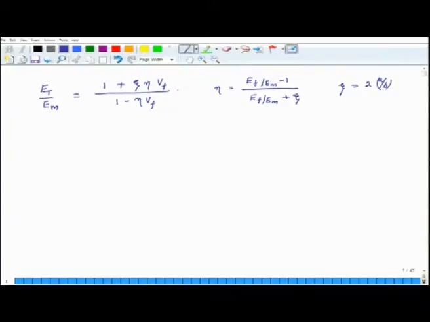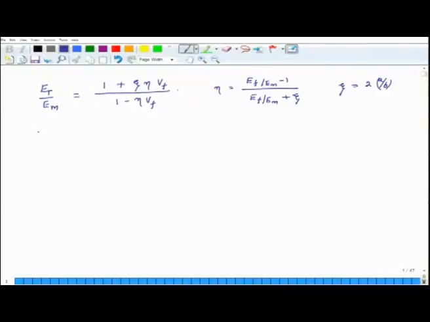I wanted to bring out some important features of this relation and how each of these parameters, volume fraction, fiber modulus, matrix modulus, influence the transverse modulus. We will do that by looking at an example.